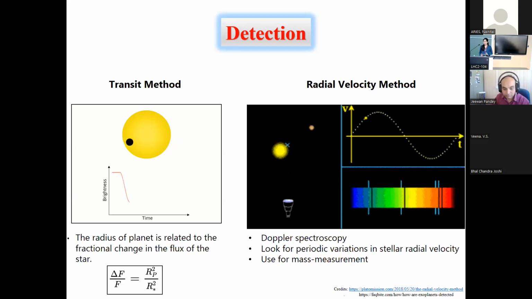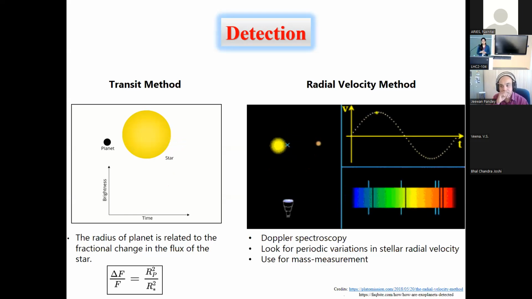When a planet and star are gravitationally bound, they orbit around a common center of mass, as you can see in this animation. When someone is observing from far away, they would see a shift in the spectra. When the star is moving towards the observer, they will see a blue shift, and when the star is moving away from the observer, they will see a red shift.